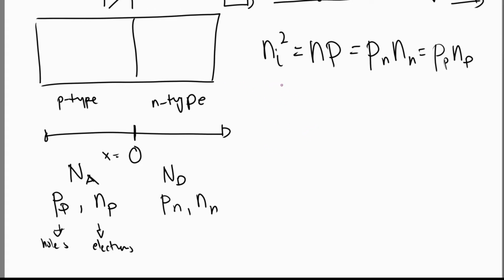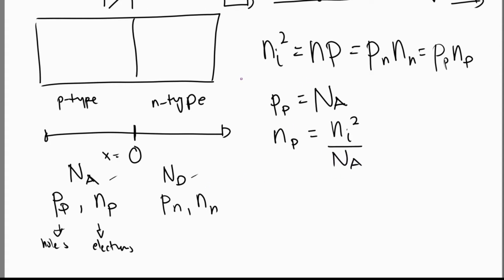For semiconductors at, let's say, room temperature, if we assume that all of our donors and acceptors are ionized, we will then get, for the p-type semiconductor, Pp is equal to Na, and then Np, or the concentration of electrons in the p-type, would be equal to ni squared over Pp, which is Na.